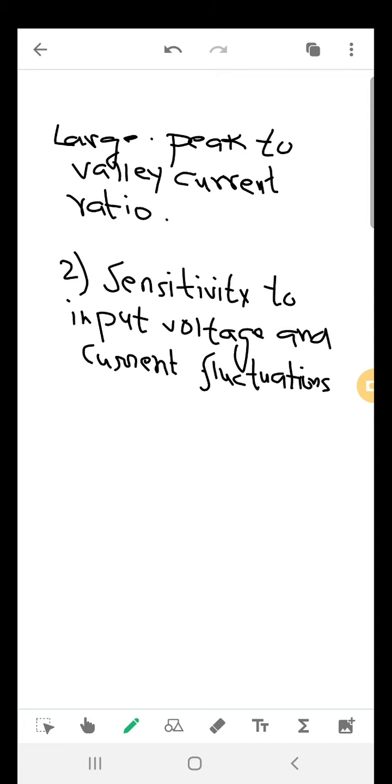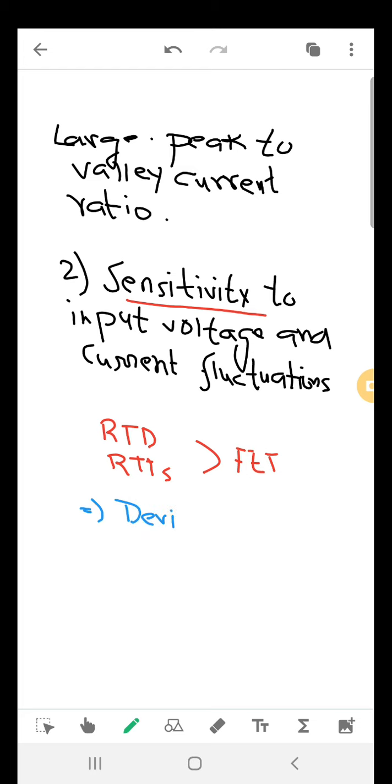This sensitivity, mainly observed in either RTDs or RTTs, is much greater than in FETs, and it may lead to devices getting off resonance. So this is one of the drawbacks.